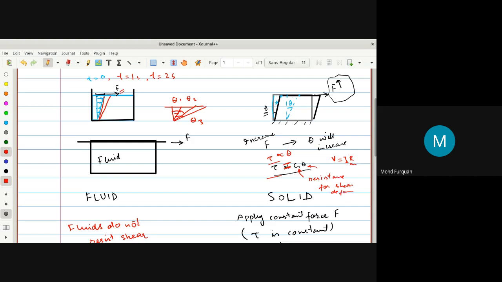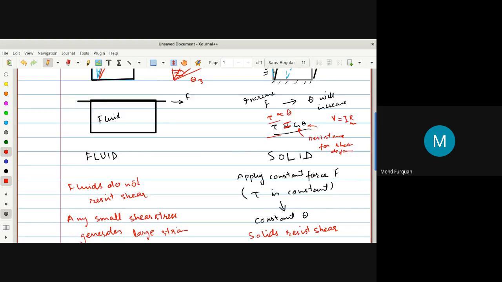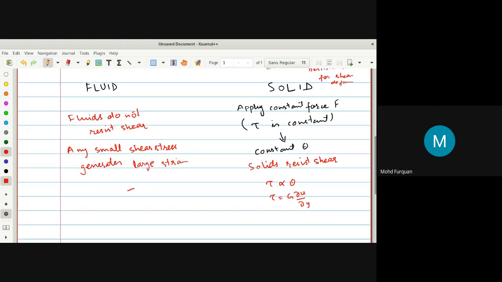So if your u is the displacement in this direction and y is this direction, for this case we get shear stress proportional to not u, but rather the rate of u, or derivative of this thing, del u by del y. So tau is proportional to del vx, velocity in x, by del y.